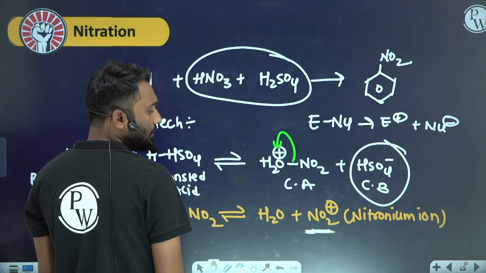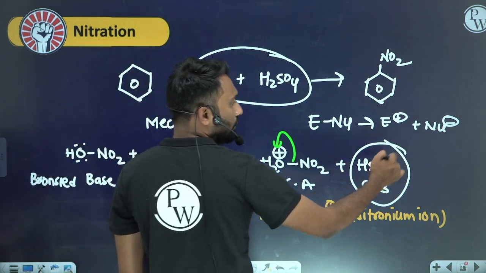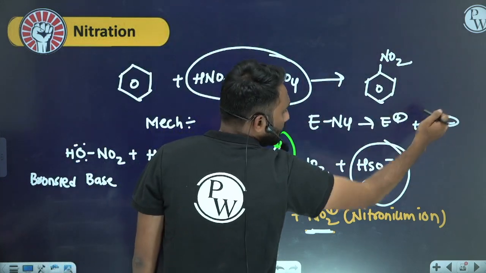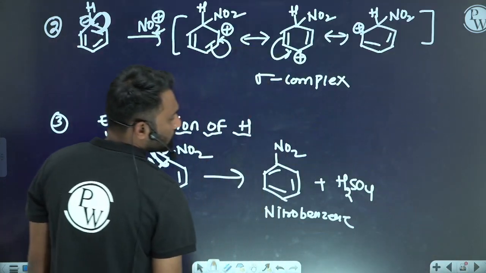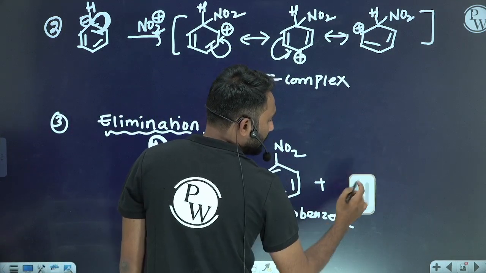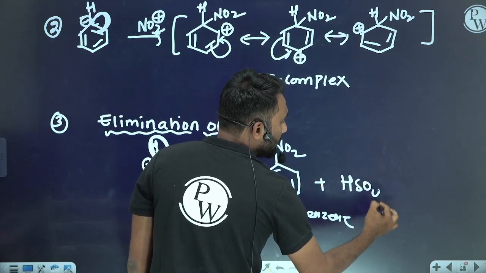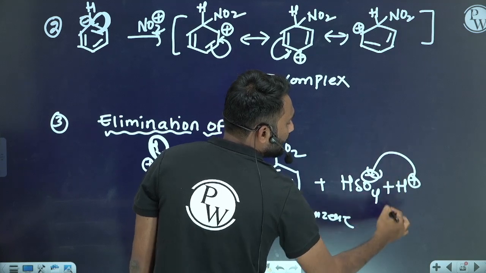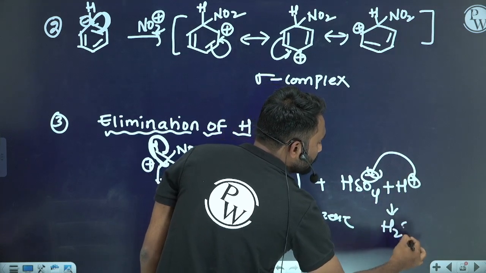HSO4 minus is the nucleophile. Whatever hydrogen is eliminated will be attacked by this nucleophile. HSO4 minus is the conjugate base. Whatever proton we have eliminated will be attacked and we will get H2SO4.